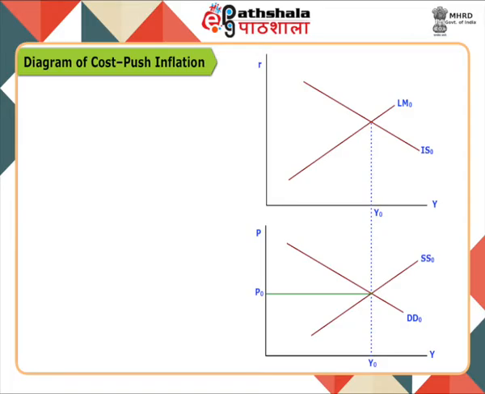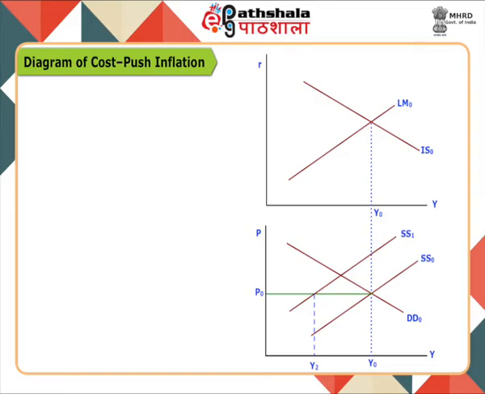Now, in an economy, the aggregate supply curve shifts to the left due to the increase in cost. As the aggregate supply curve shifts, the new supply curve is represented by SS1. With price level P0, the aggregate supply along the new aggregate supply curve shall be reduced to Y2.